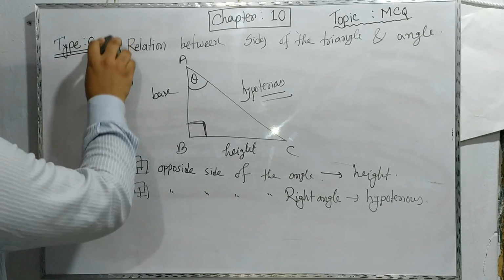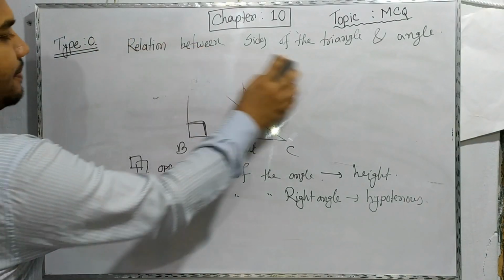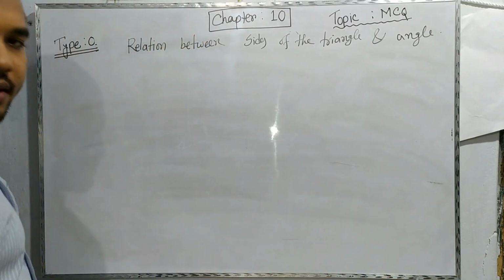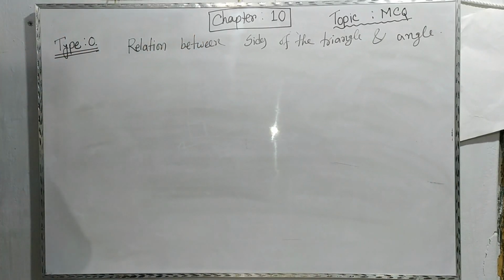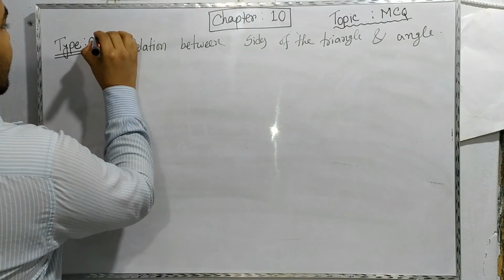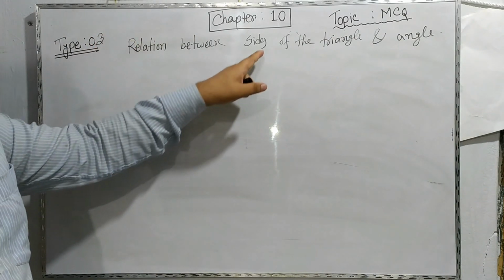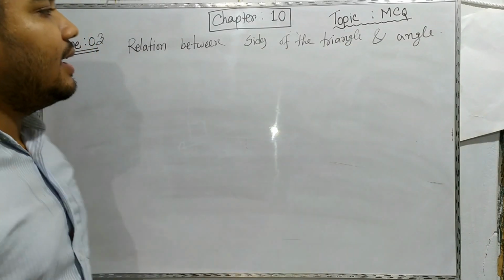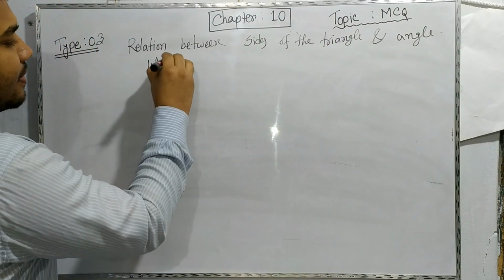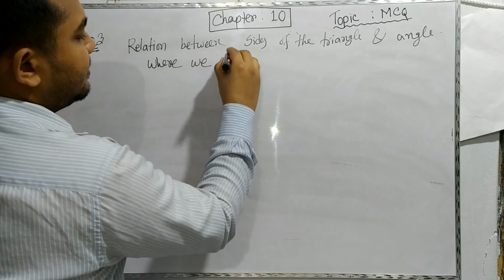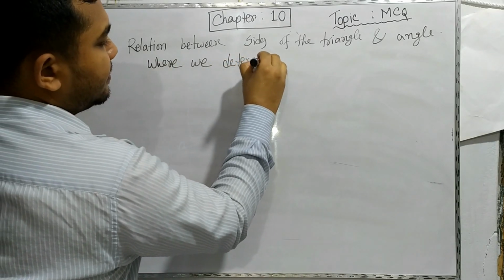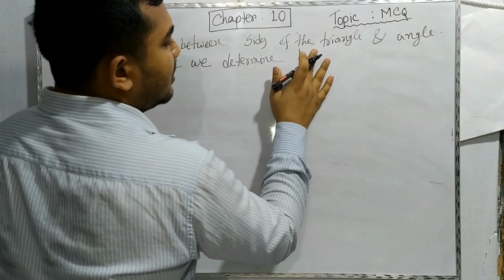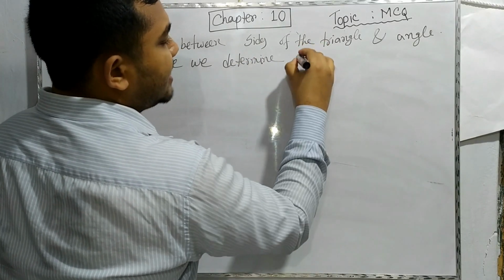Okay, now our type 3 says the sides of the triangle and the angle, where we determine the bigger side, or actually determine the side difference.